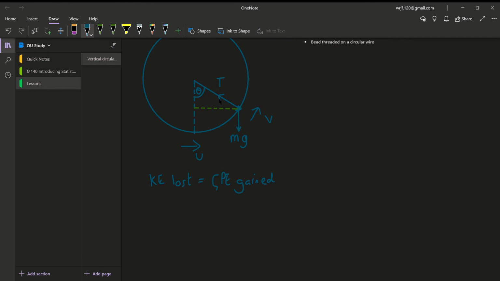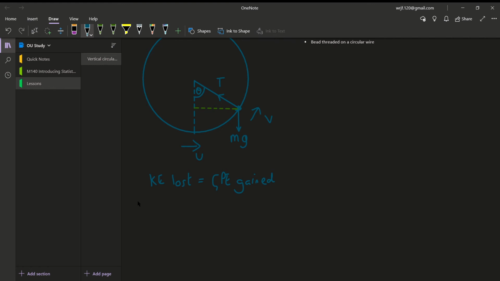And this tension along the rod here does no work because it's always perpendicular to the direction of travel of the particle. And the work done by the weight force here is just exactly the same as calculating the change in gravitational potential energy. So we can just balance out the two types of energy here. So we've got KE lost equaling GPE gained.